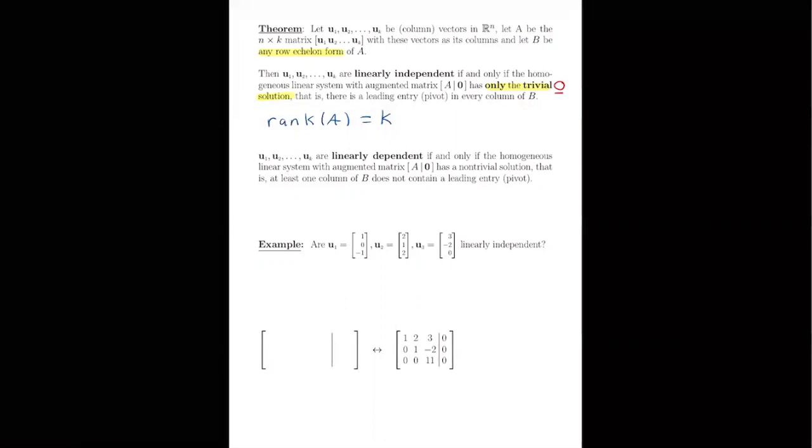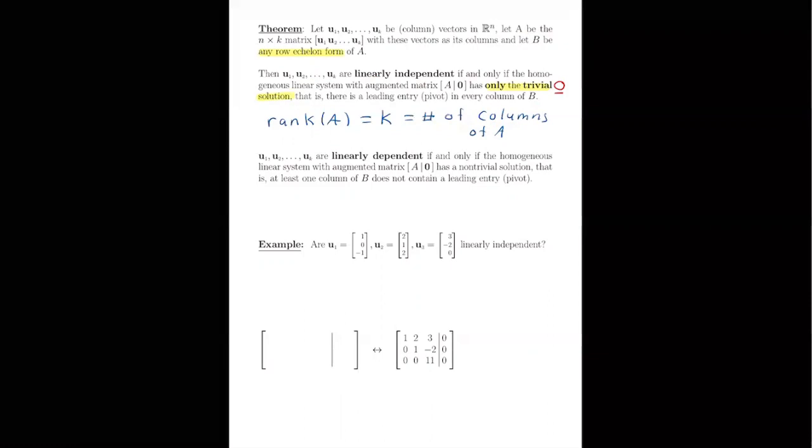And so again, A has k columns, so this is equal to the number of columns of A. So we can either check to see if there's a leading entry in every column of B, and this is the same thing as checking to see if the rank of A is equal to the number of columns of A. So if this happens, then the columns of A, which are these vectors, are linearly independent.